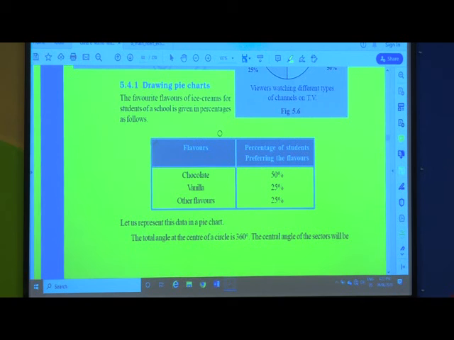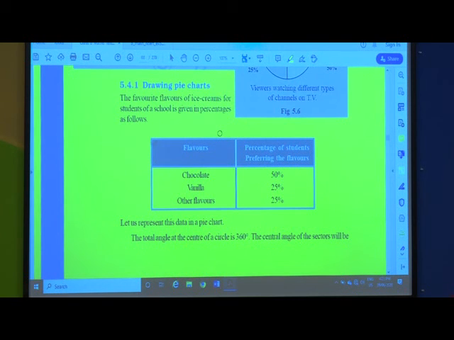The favorite flavors of ice creams for students of a school is given in percentages as follows. The table below is giving the data of percentage of students who like flavors of ice cream. Under the flavors column, the different flavors are chocolate, vanilla, other flavors.